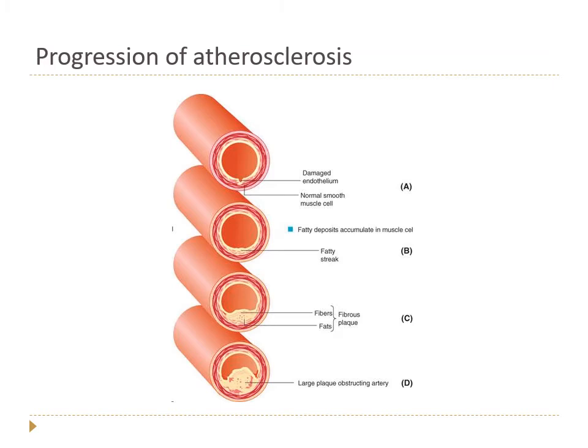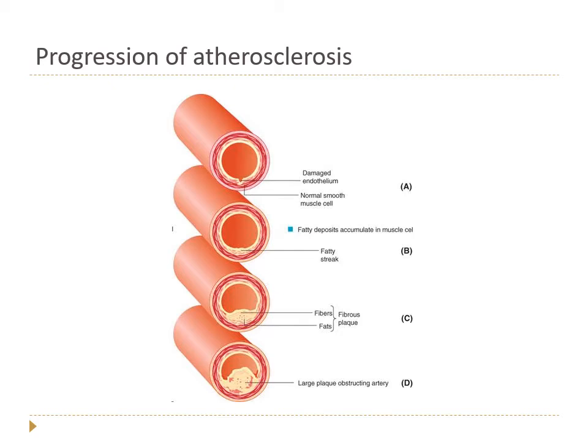So what can happen then with atherosclerosis is you get that damaged endothelium, you start building up some plaque. It initially starts as what is called a fatty streak, and then it gets bigger and bigger and bigger over time.